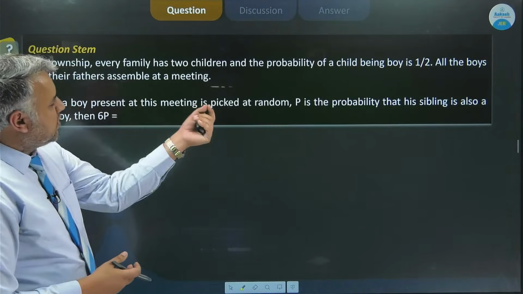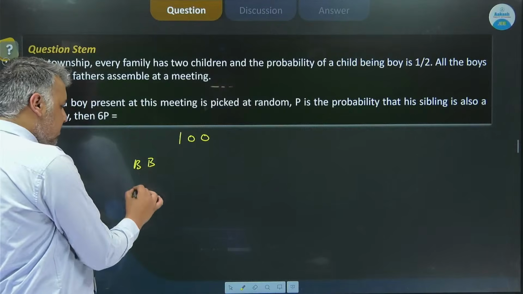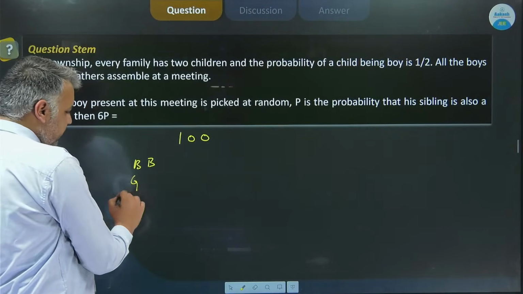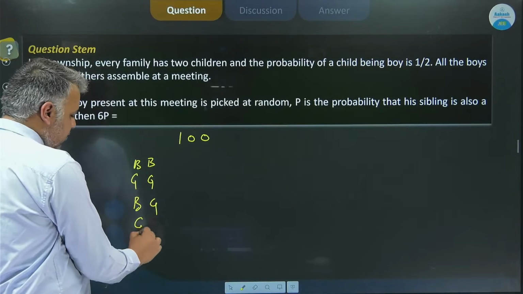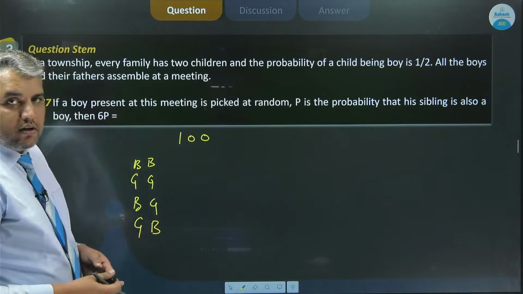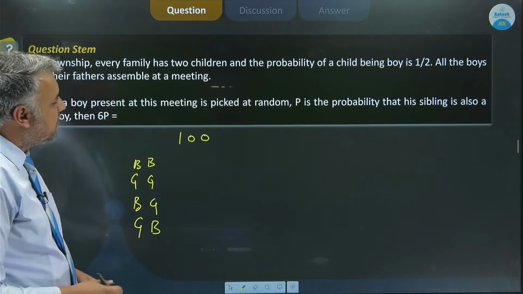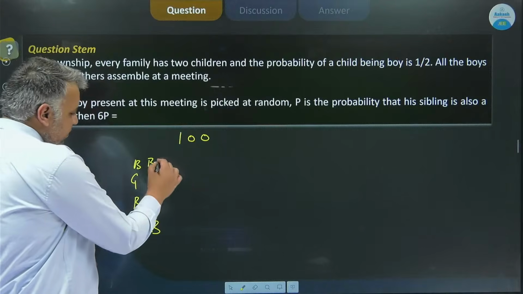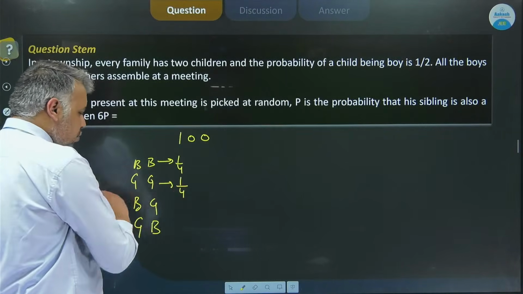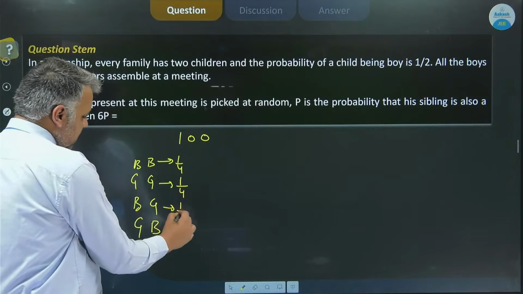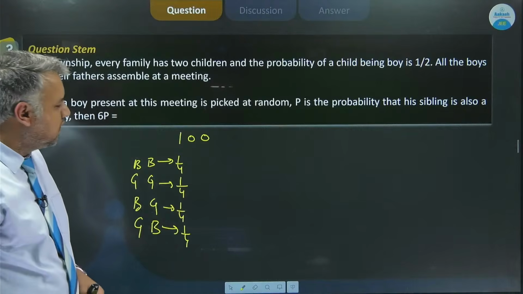So according to the data, there can be either boy boy, girl girl, boy girl or girl boy. This possibility can be there in a family if there are two children. So probability being 2 boys is 1/4, probability being 2 girls is 1/4. So 1 boy 1 girl, the total probability will be half.